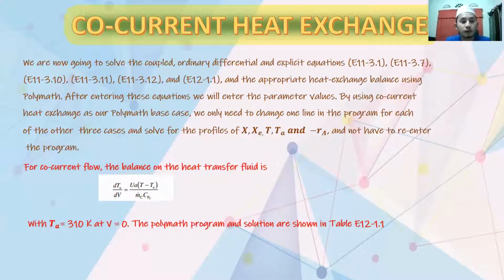So for co-current flow, the balance on the heat transfer fluid is contributed in this equation with TA equal to 310 Kelvin at V equals 0. The Polymath program and solution are shown in table E12.1.1. Next.